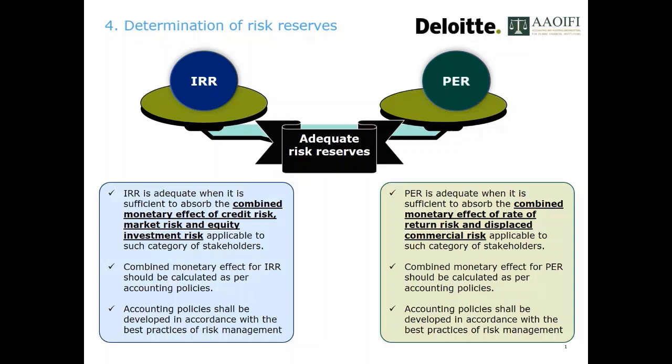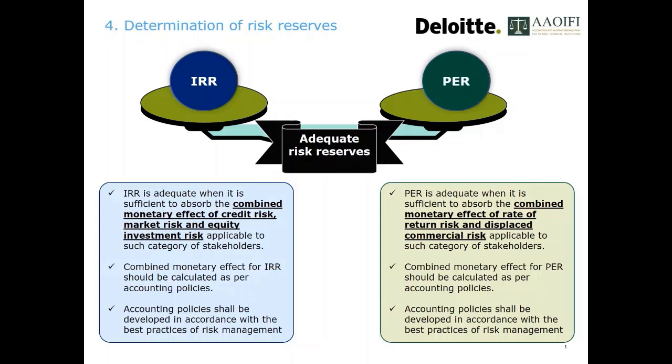On the other hand, for the profit equalization reserve, it is considered adequate when it is sufficient to absorb the combined monetary effect of rate of return risk or the displaced commercial risk. The combined monetary effect should be calculated as per the accounting policies developed in accordance with the best practices of risk management.